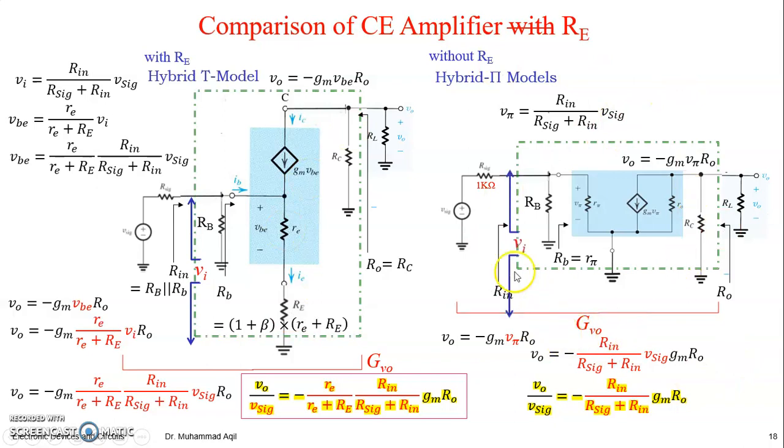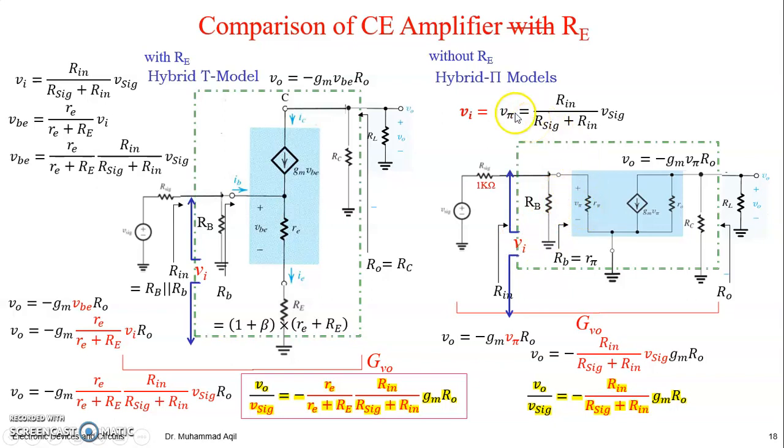In contrast, for the common emitter amplifier without Re, the input again is a part of V signal, Vi equal to Rin divided by R signal plus Rin, times V signal. And this Vi is the same across the parallel resistances Rb and r pi. So Vi is equal to V pi.